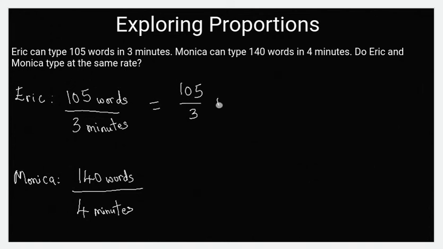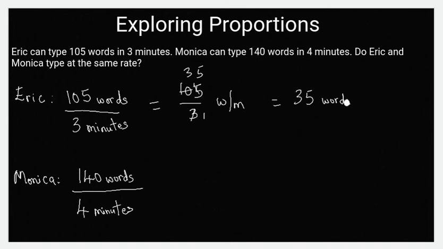I'm going to do words per minute, where W stands for words, the stroke here stands for per, and M stands for minutes. So 3 divided by 3 will be 1. How many 3's can we find in 10? 3. We'll have 1 left. How many 3's in 15? That's 5. So Eric types at the rate of 35 words per minute.